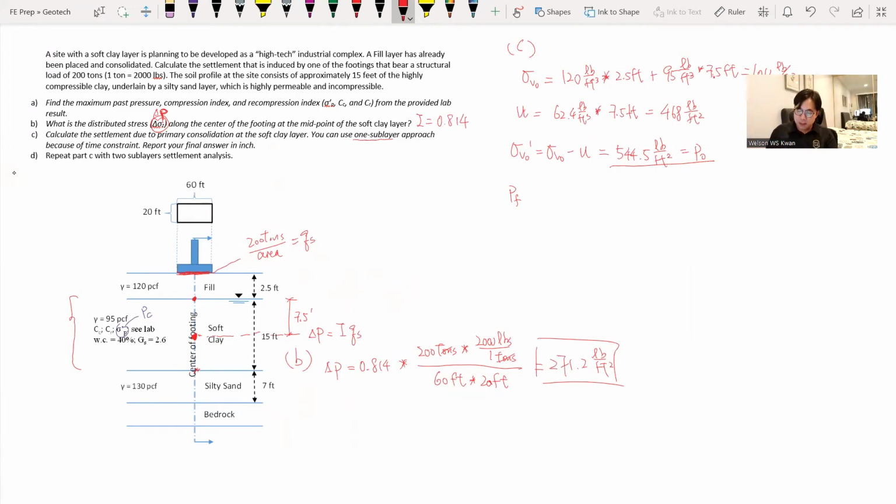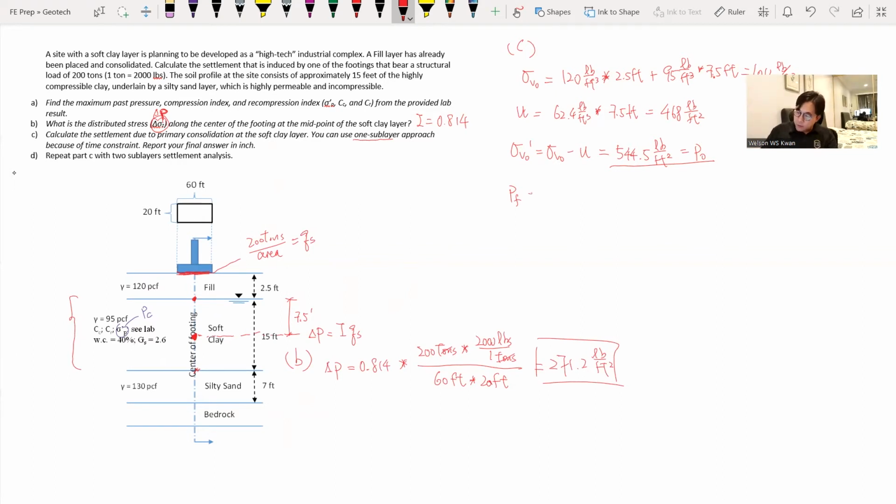This time it is the midpoint of the soft clay layer because we are doing one sublayer analysis. So we need to keep track of the stress in different scenarios. This is the initial stress at the midpoint before the foundations, so just the unit weight of the soils gives us the initial effective stress.